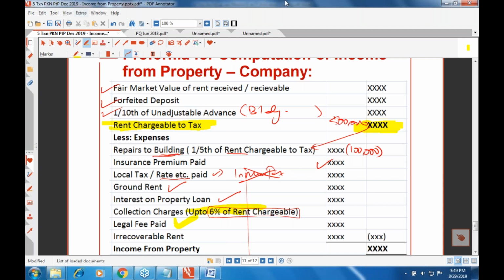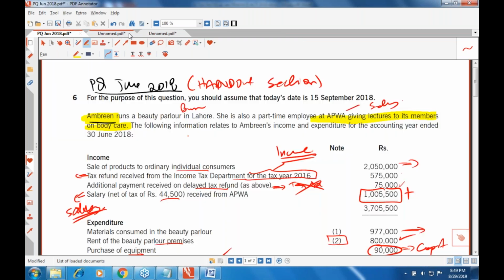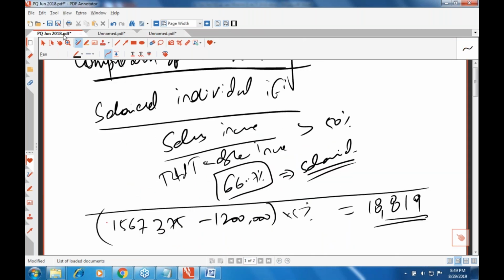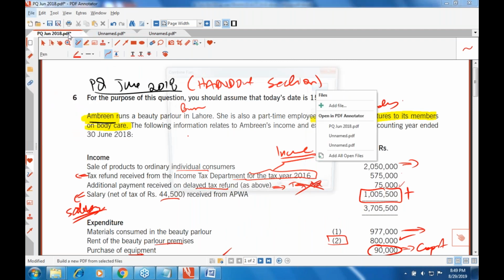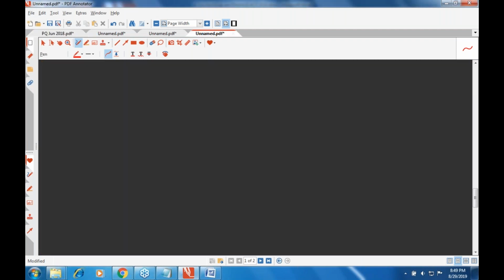So we have concluded this specific concept also. Now what I'm going to do is move forward to another question, and I will try to attempt this question now.